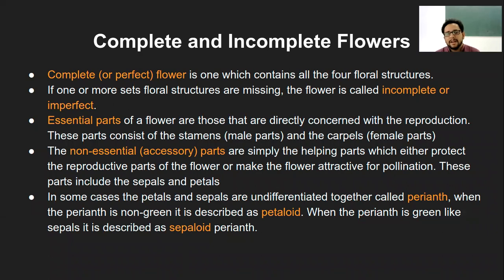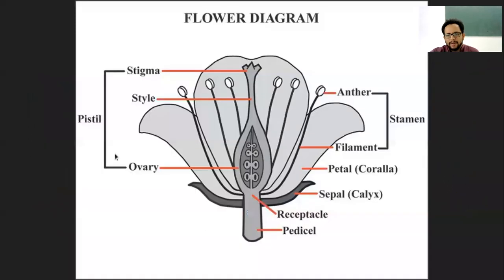And if any one of the sets of floral structures is missing, that is called an incomplete flower, or it is also called imperfect. So out of these four, that is pistil, stamen, corolla and calyx, if all four are present, and of course their subcomponents, that is a complete flower.